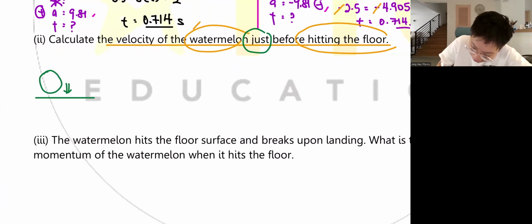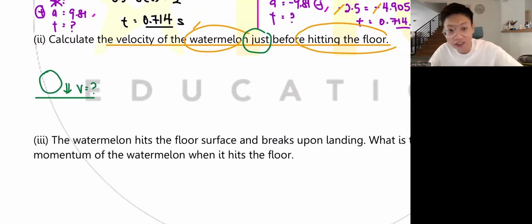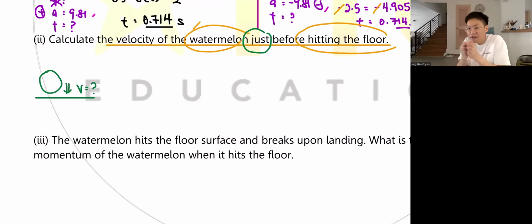So therefore, I'm actually looking for this velocity. It's just like, guys, if I slap your face, at the end my hand will stop, right? But what is the velocity of my hand? I cannot write 0, because at the moment of impact, there's a velocity.